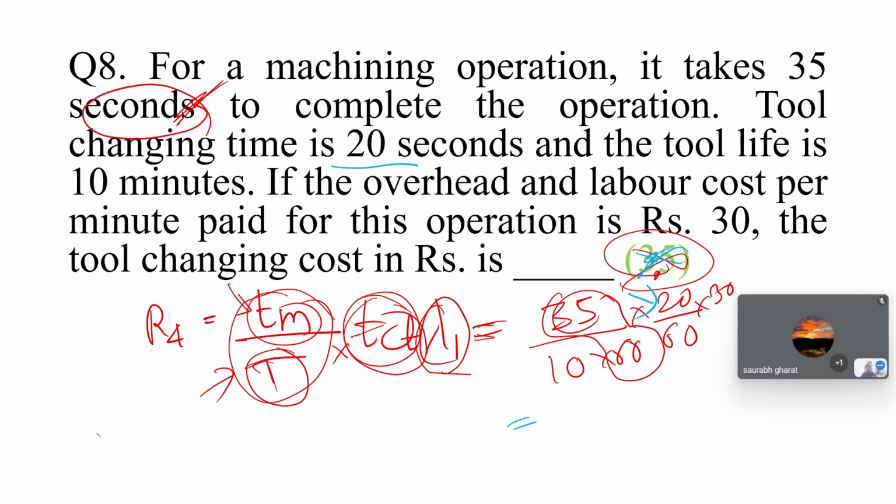So 35 is not the correct answer, I told you, because the 60 part is to divide. According to the solution it is 35, but it should not be the answer. So it will be 35 again divided by 60, which is 0.5833. So the answer must be 0.5833.